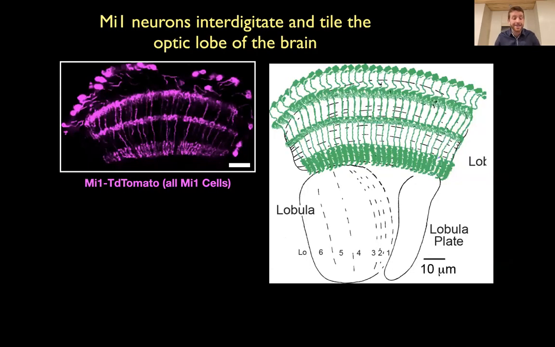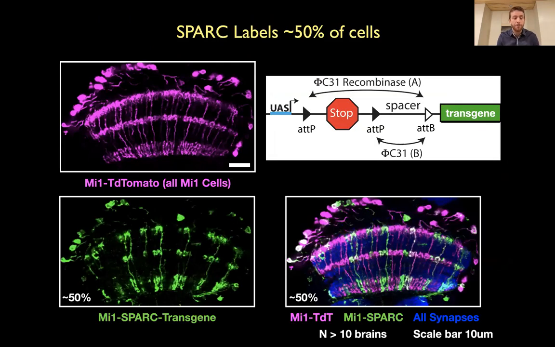Now, Mi1 cells tile this tissue, as I told you before, and I'm showing you a small section of this on the left, in which I've labeled Mi1 with tdTomato through the whole population, and you can see these neurons are interdigitated. Now, when I use SPARC to compete these two attP and attB reactions with each other, I find the pattern of transgene expression shown here on the lower left.